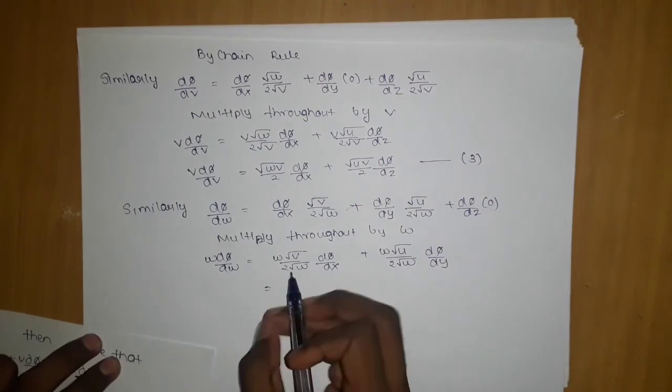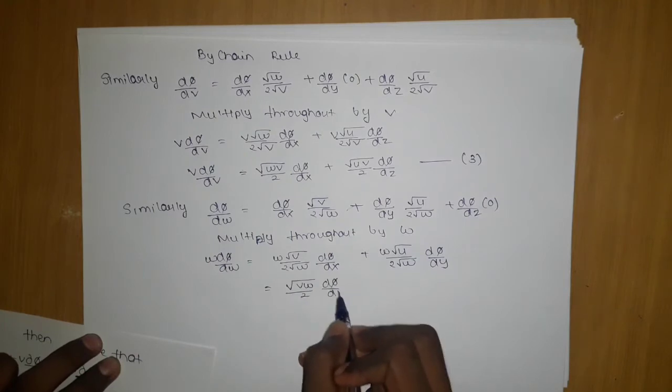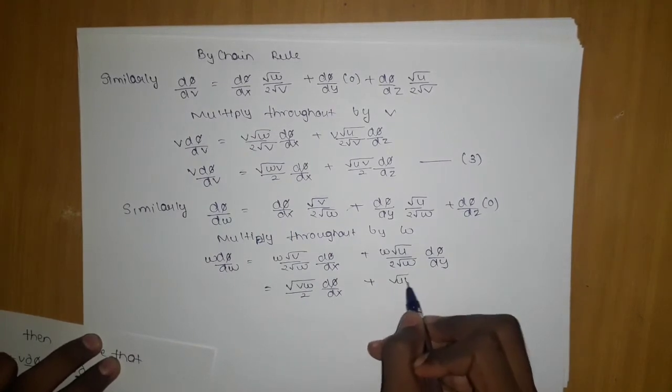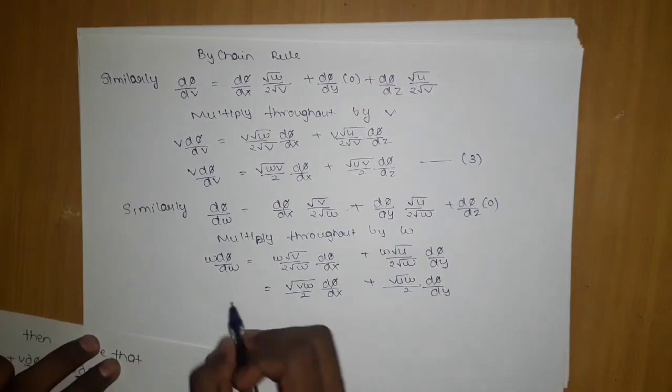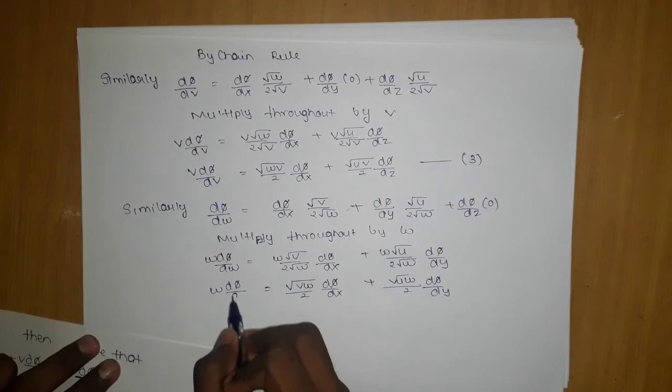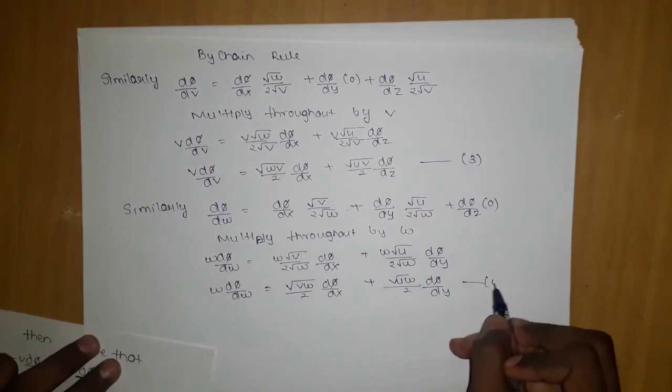If I simplify, I am going to get, so what we are going to end up actually is getting this, which we will call 4.